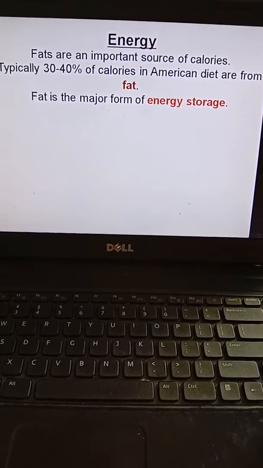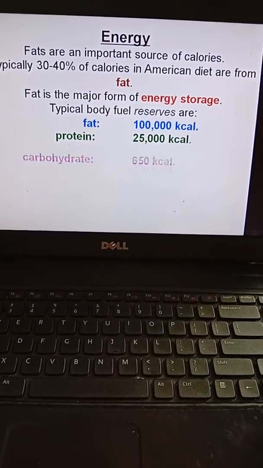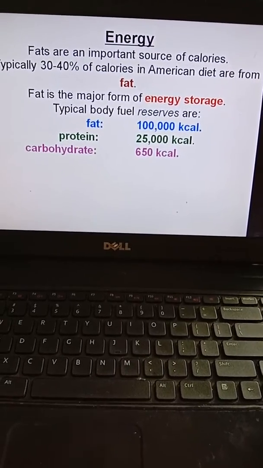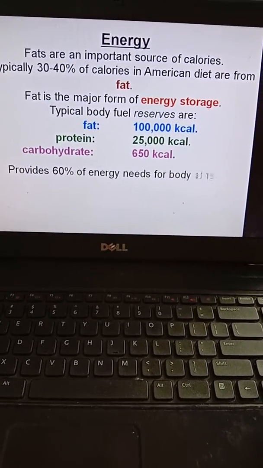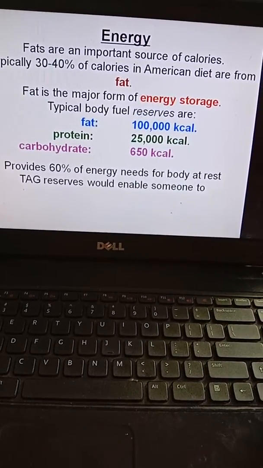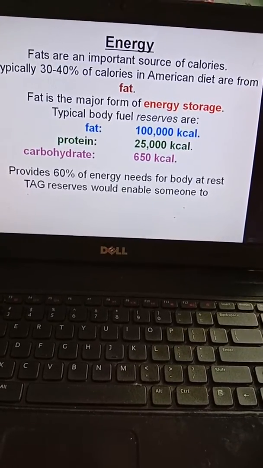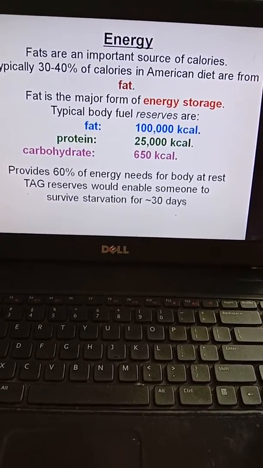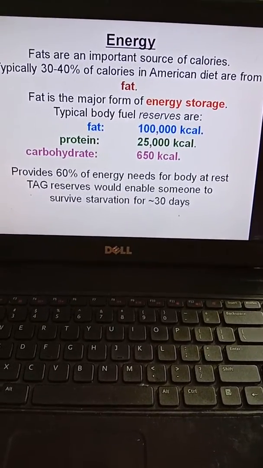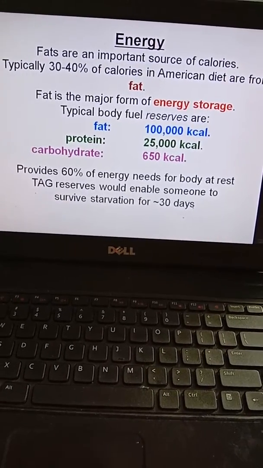Fat is the major form of energy storage. Typically, body fuel reserves are: fat, about 1 lakh kilocalorie; proteins, 25,000 kilocalorie; carbohydrates, 650 kilocalorie. Fat provides 60% of energy needs for the body at rest. Whenever we are in a rest condition or a starving condition, the fatty acids in the form of TAG, the triacylglycerol, will enable someone to survive starvation for about 30 days.